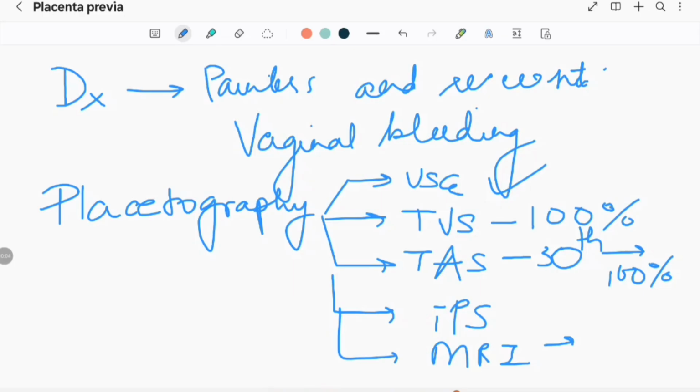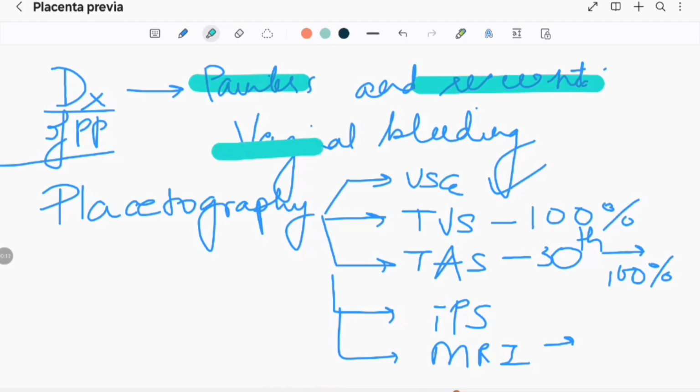Okay, so for the diagnosis of placenta previa, there is painless and recurrent vaginal bleeding, and for confirming the diagnosis we need sonography. So in sonography we have ultrasonography, the TVS, TAS, the TPS and MRI. Sonography provides the simplest, most precise and safest method for placental localization in transabdominal.